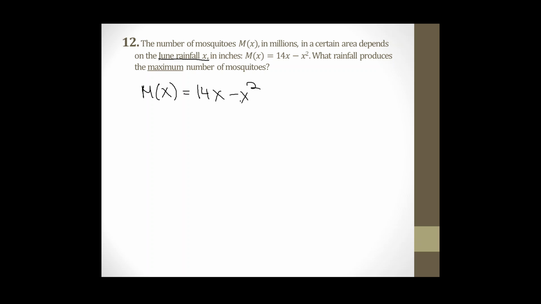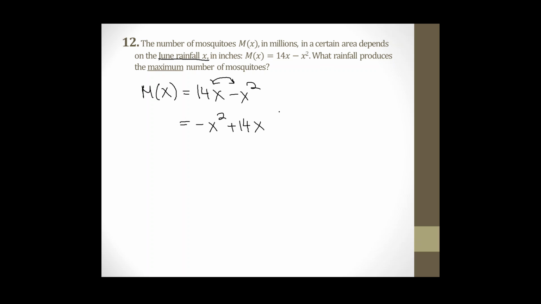As you can see, this equation is of quadratic form. It has a square, so that means it's going to give me a parabola. I can write it in the quadratic form by just moving those two terms around to have my ax² term in front and then my bx term. So nothing changed, I just switched them around.